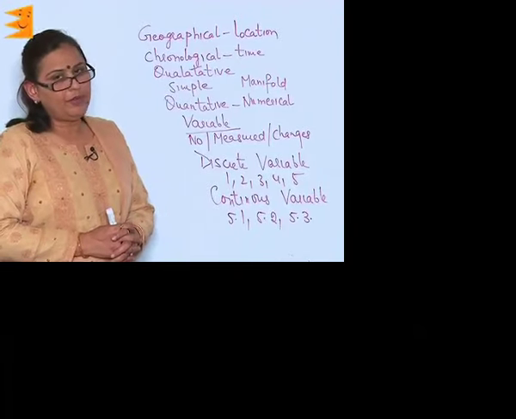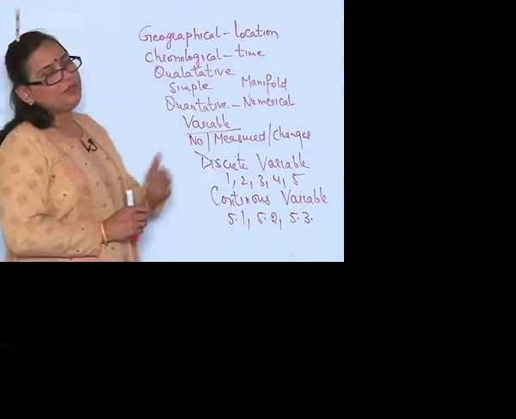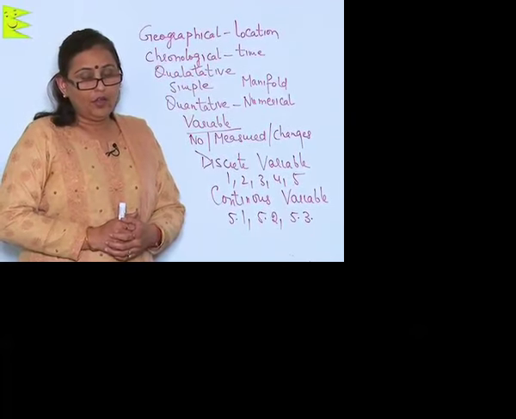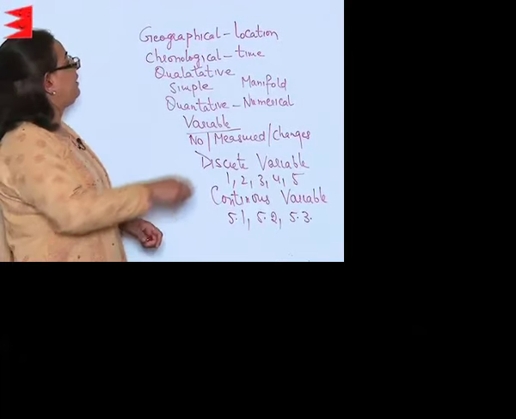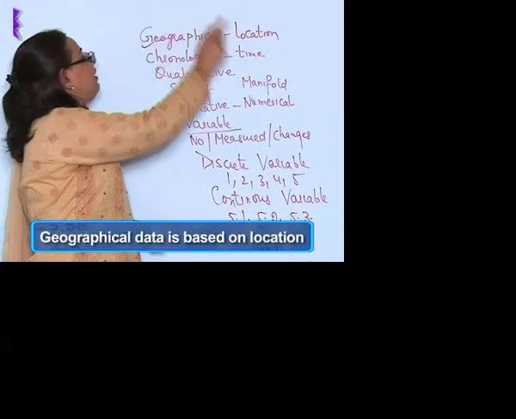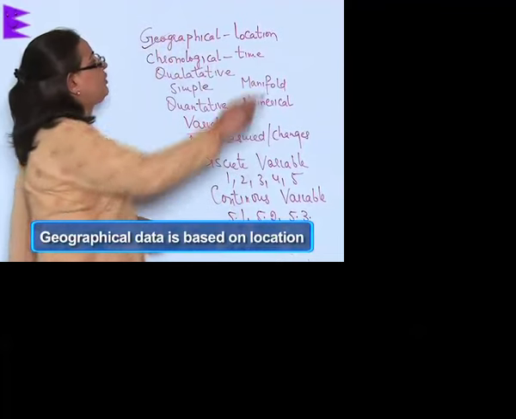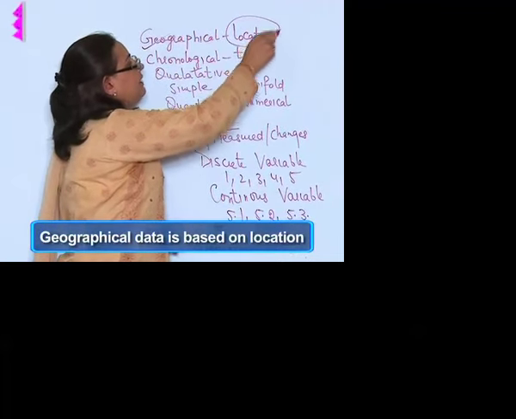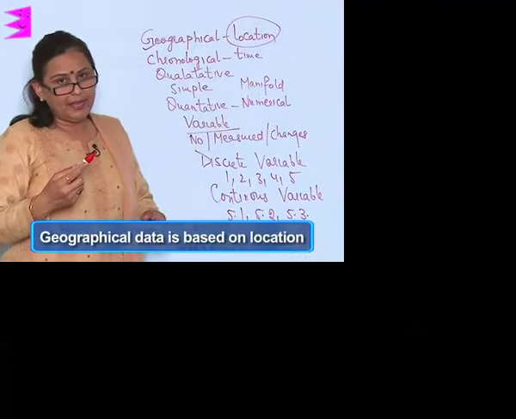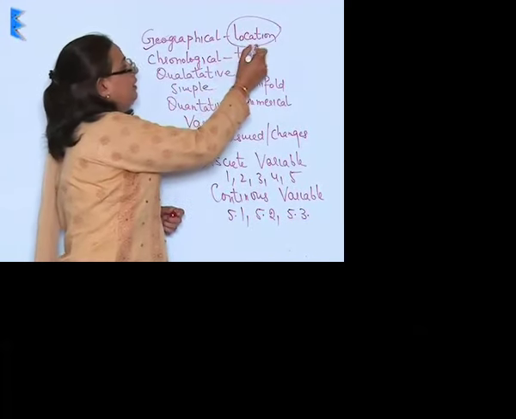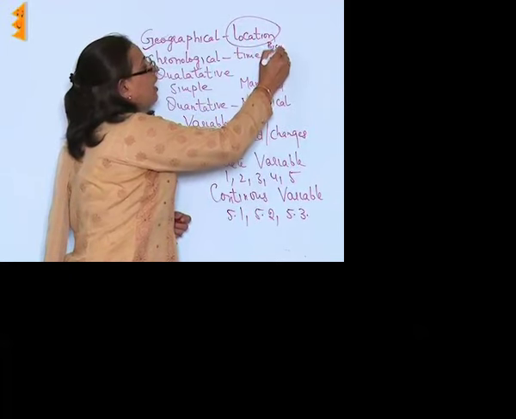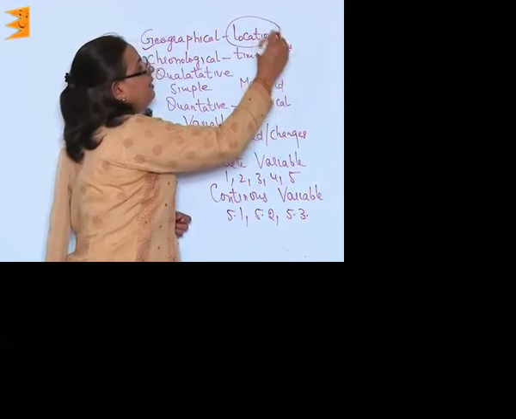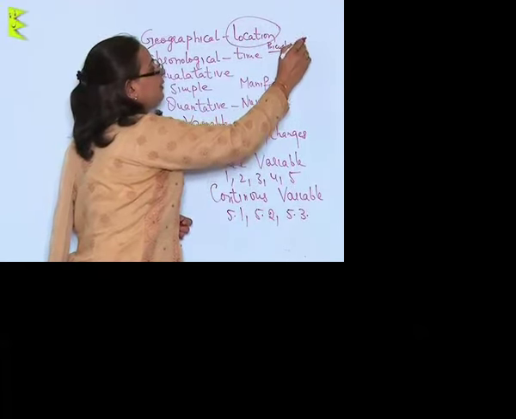Now, let me talk about the various forms of classification of data. The first is the geographical data. This is based on location and the example can be if I say that these many bicycles are manufactured in this particular state.